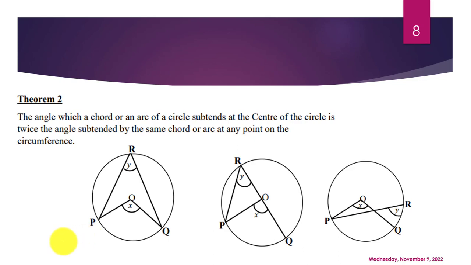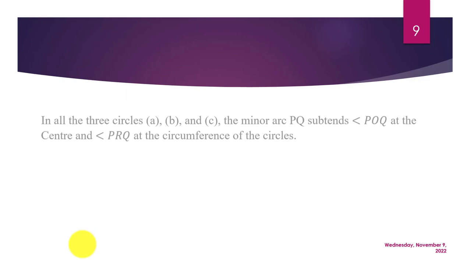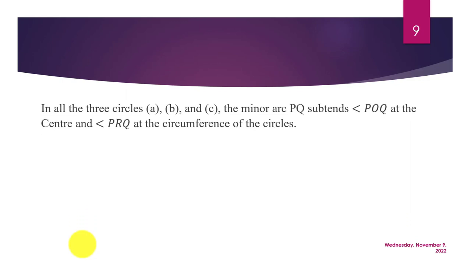So let's consider the three diagrams shown on the screen. Dear student, in all the three circles, that is circle A, B, and C, the minor arc PQ subtends angle POQ at the center and angle PRQ at the circumference of the circle.